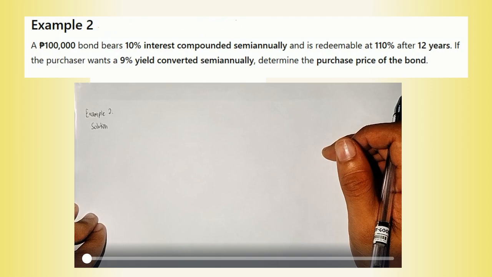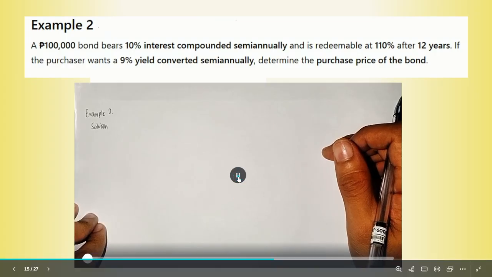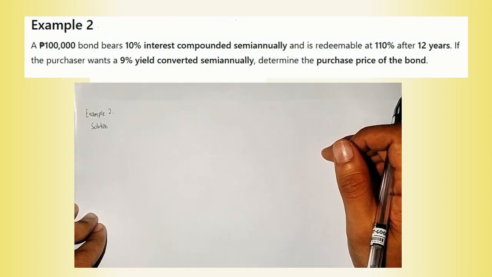If the purchaser wants a 9% yield converted semi-annually, determine the purchase price of the bond. So let's view the video of my solving the purchase price of the bond.